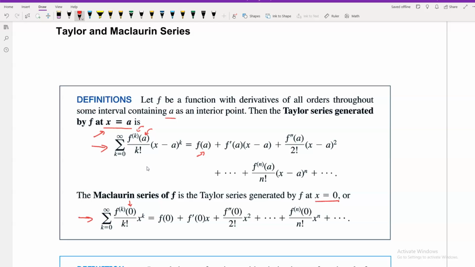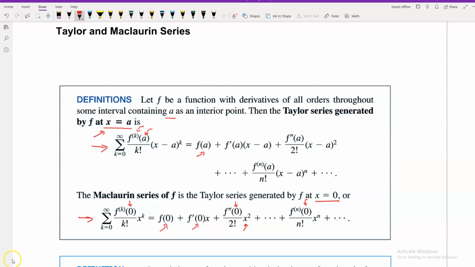K is from 0 to infinity, so this is equal to f of 0 plus the first derivative at 0 times x plus the second derivative at 0 divided by 2 factorial, multiplied by x to the second power, plus three dots, plus the nth derivative at 0 divided by n factorial multiplied by x to the nth power, plus it goes to infinity, so use three dots.